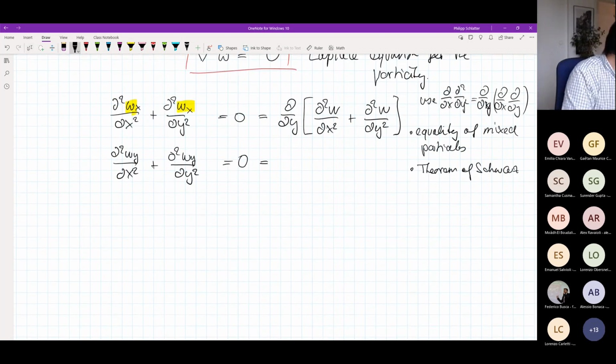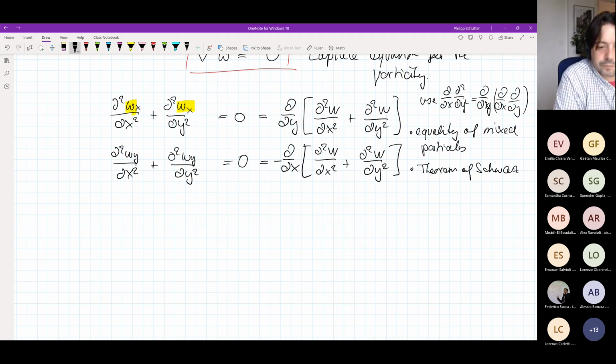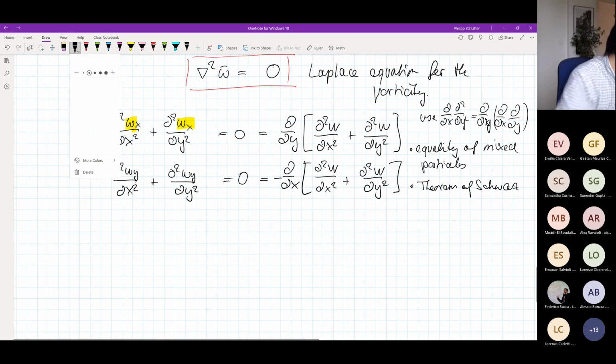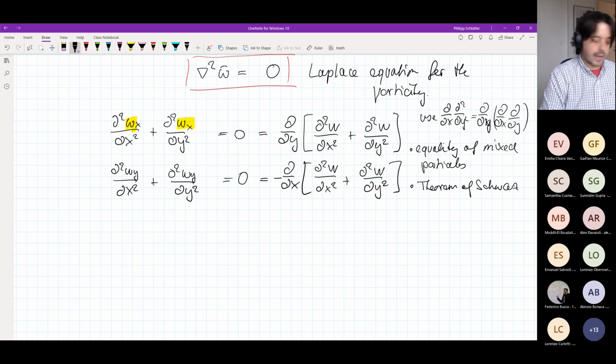Okay. But anyway, now we're at this stage, and I think now you believe me if I just write the same. In this particular case, I would get minus d dx, and then in the brackets, I would get the same, d squared w dx squared plus d squared w dy squared. Now this is actually interesting.